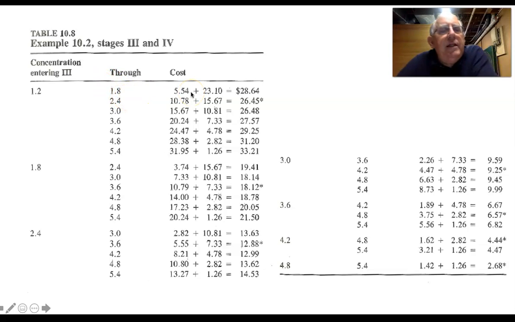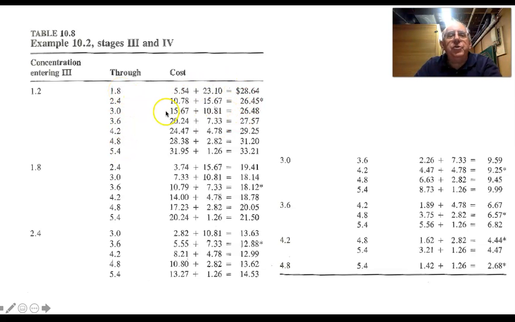And so what we have in this first group of the table is coming in at 1.2 and going to this value, we have that cost involved. And now once that is the cost for stage 3, there's only one path to go from that, and that is the values that we've already determined if we enter stage 4 at this value here.